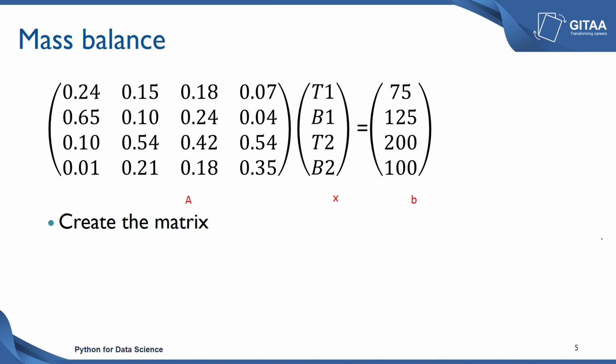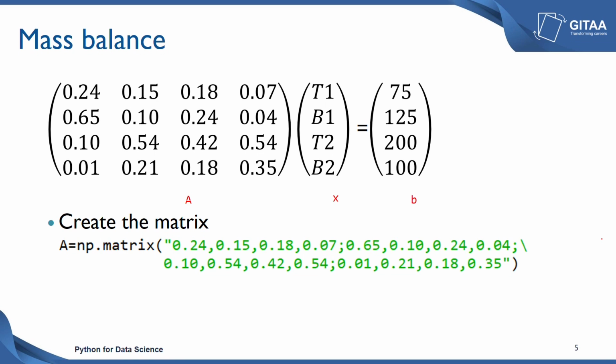We will create a 4 cross 4 matrix. You can give the values for the first row: 0.24, 0.15, 0.18, 0.07. After the first row, you separate with a semicolon. Similarly, you write the values for the second, third, and fourth rows. This is our matrix A. Similarly, we need to create a matrix B. We have 4 constants: 75, 125, 200, and 100.